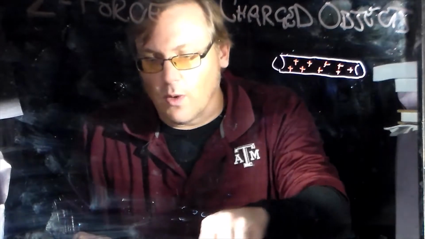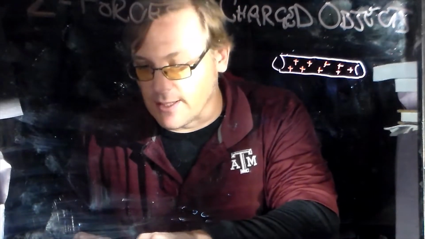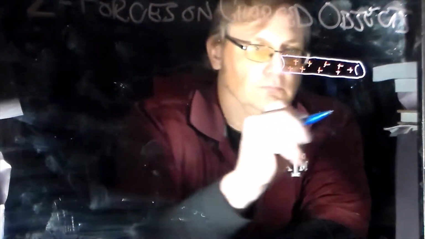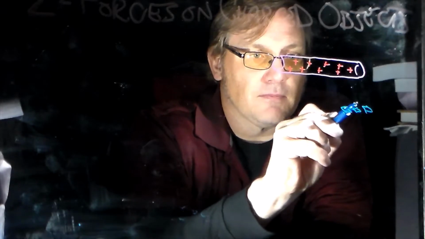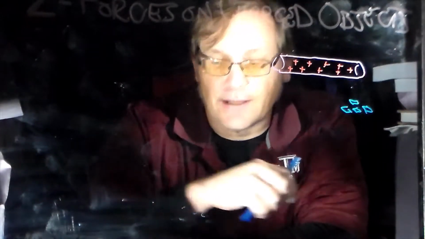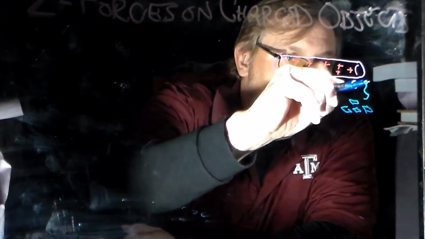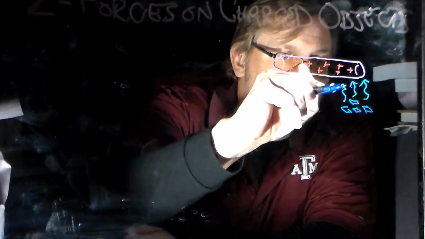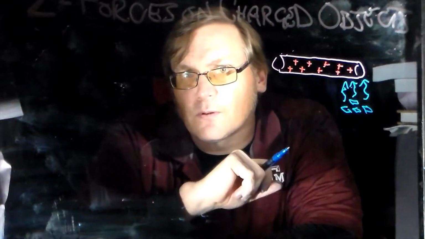So what happens there? Well, if you had some paper or something like that sitting around, some little pieces of confetti, and you brought this guy next to it, the confetti would sort of drift up onto the rod, even though the confetti is not charged. It would be attracted to the rod, right?